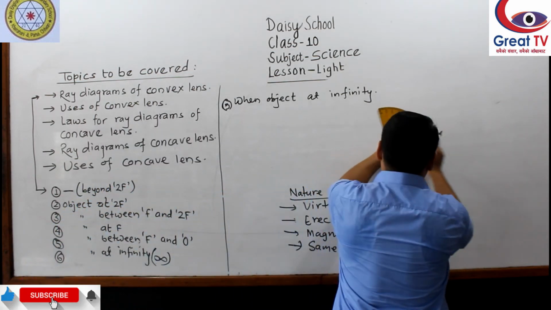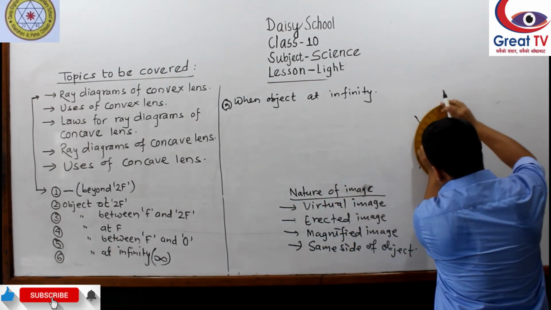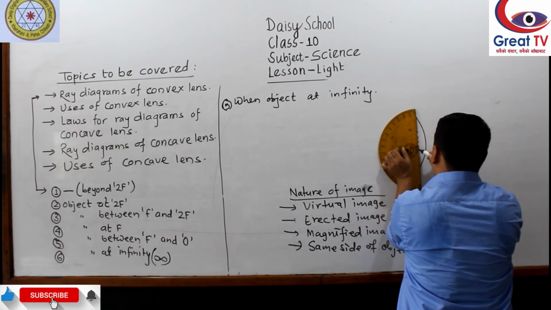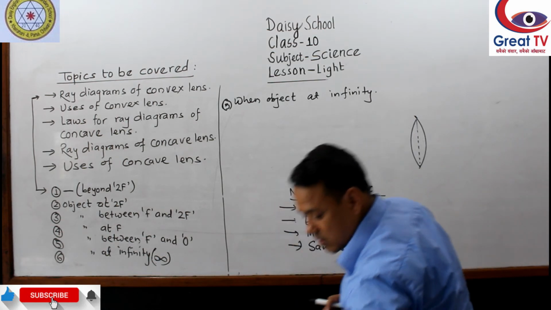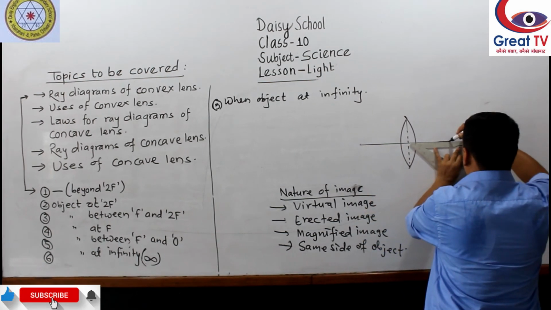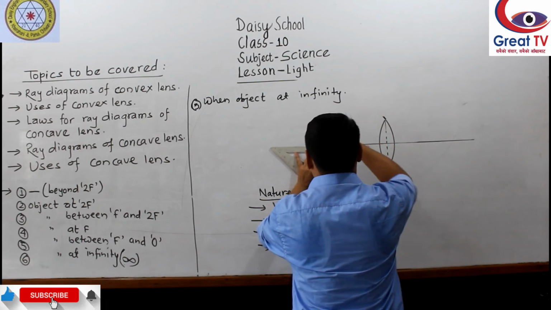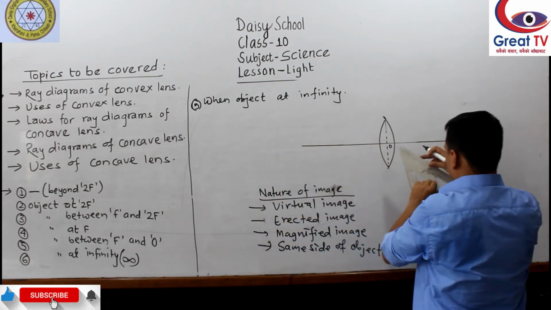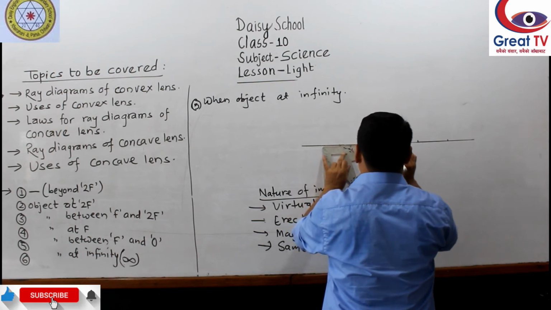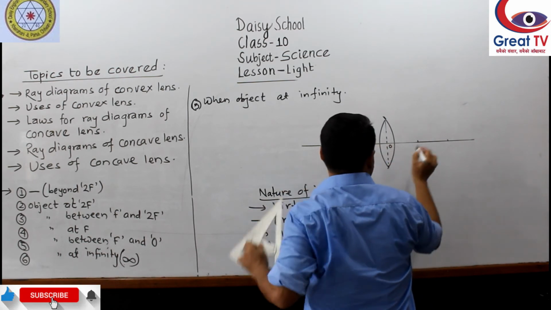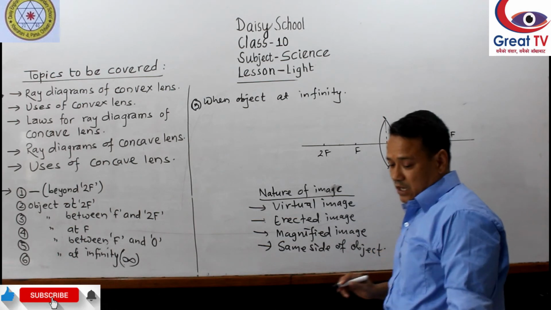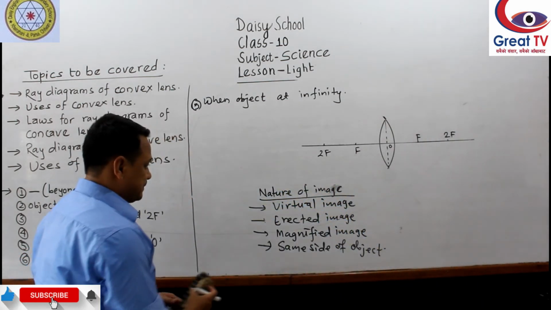Let's draw the diagram of convex lens. O, F to F.